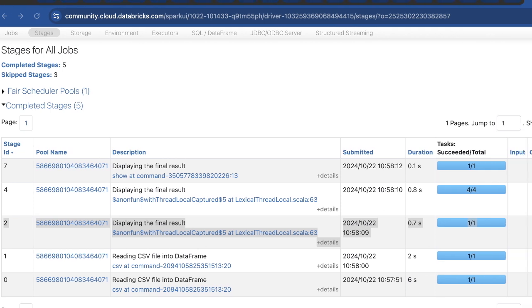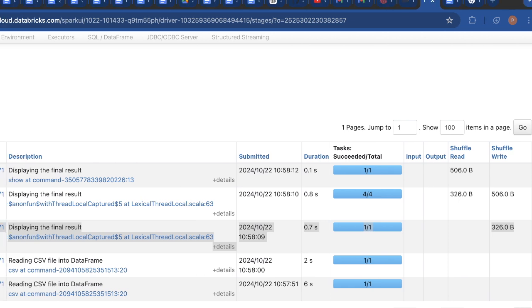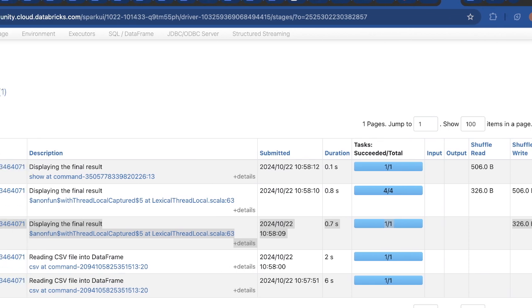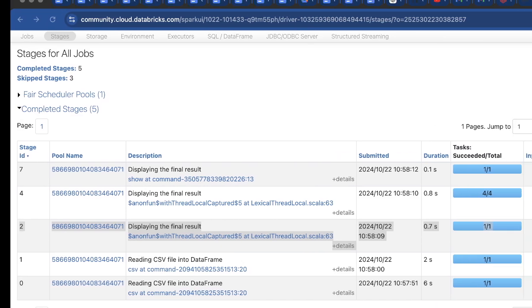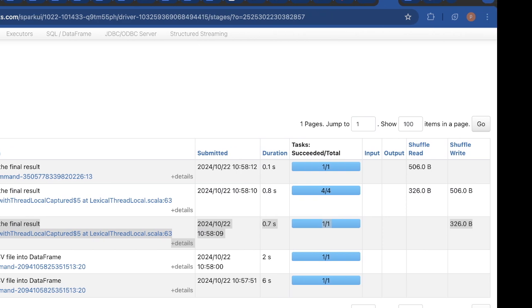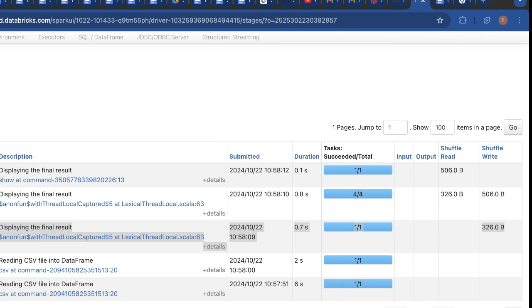In the fourth stage it has created 4 partitions, repartitioning happened, and shuffle write goes from 326 to 506 bytes. In the seventh stage, the last stage, there is only one partition, and the shuffle read is 506 bytes. So it has coalesced all the data without creating multiple partitions.